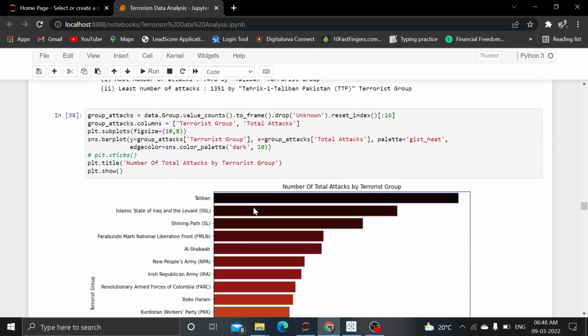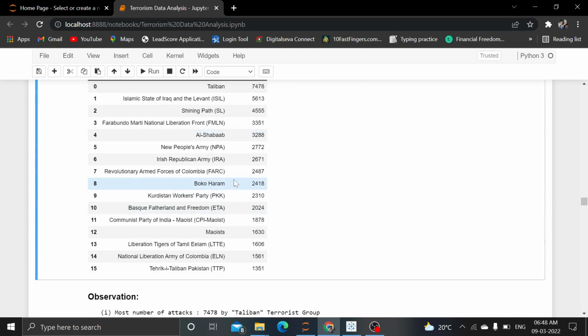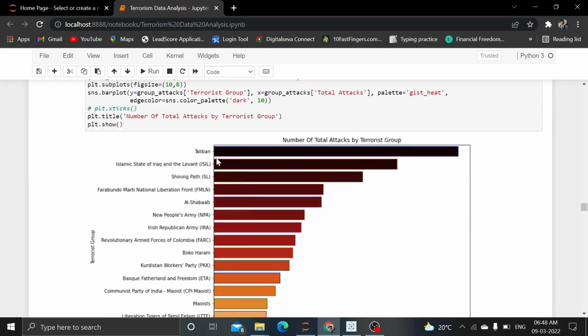This is the graphical visualization of the tabular form. The Taliban is the highest, ISIL is in second place, and Shining Path third.